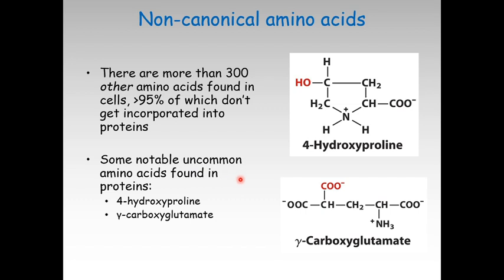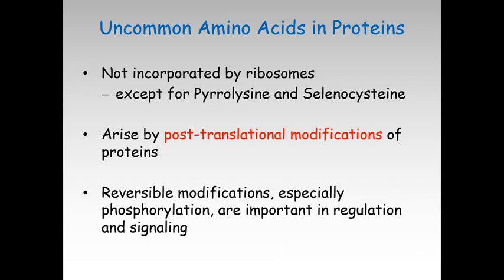Some notable and common amino acids found in proteins are 4-hydroxyproline and gamma-carboxyglutamate. So how do these non-canonical or uncommon amino acids get incorporated in proteins? These amino acids are not incorporated by ribosomes, except for 2, which are pyrrolysine and selenocysteine.